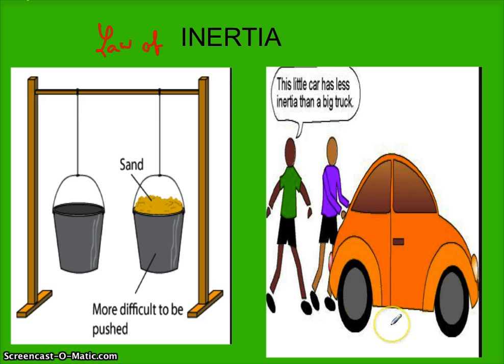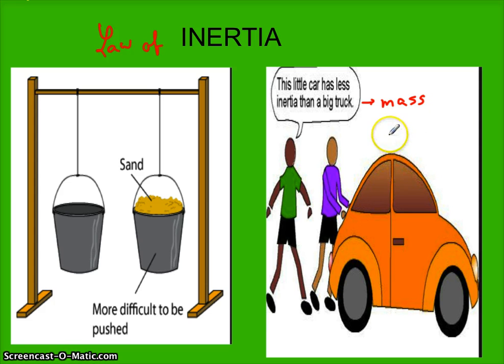What about this picture? This fella or lady here says this little car has less inertia than a big truck. Why? Because the big truck has more mass. And the more mass something has, the more resistant it is to move, and the more resistant it is to stop.